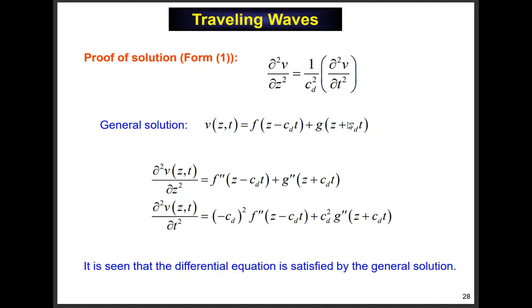And the same thing happens with this, except it's plus cd. Of course, the minus doesn't matter because I'm squaring it. Now look at these two terms here. They're exactly the same as these two terms, except there's a cd squared out in front.